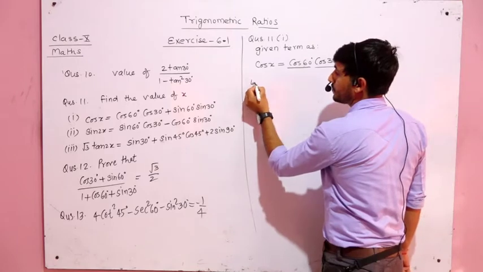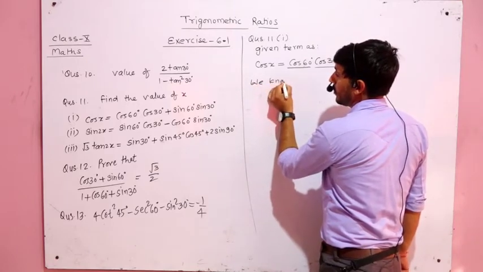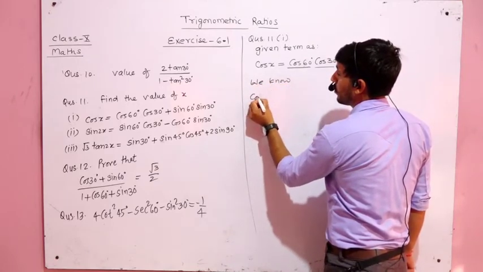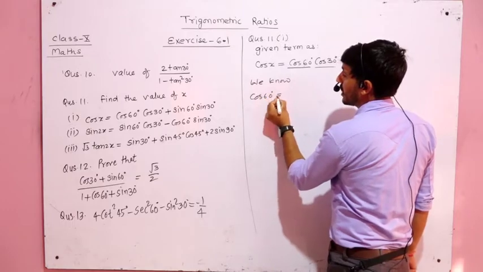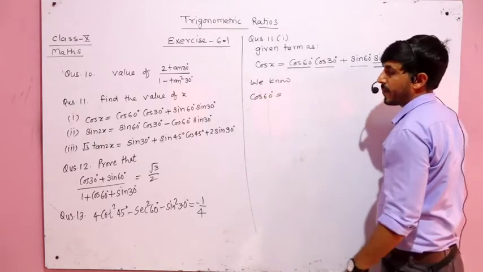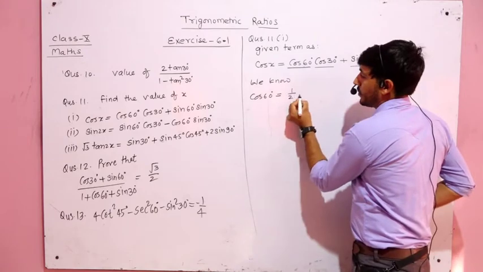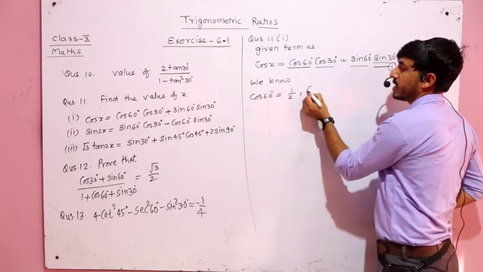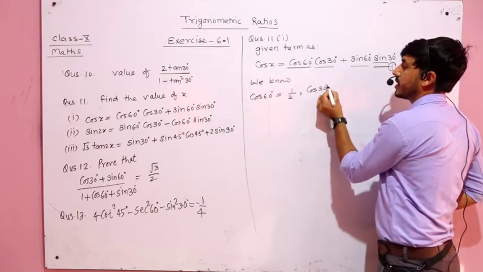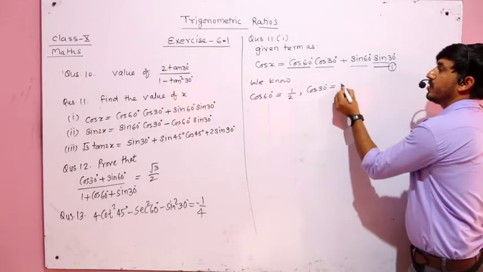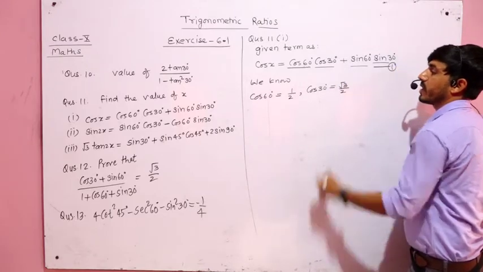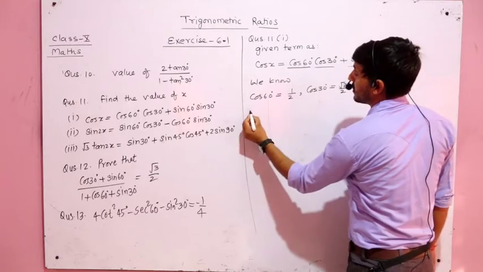What is the value of cos 60 degree? You can see it in the table or directly remember it, that is 1 by 2. What is the value of cos 30 degree? Cos 30 degree is root 3 by 2.